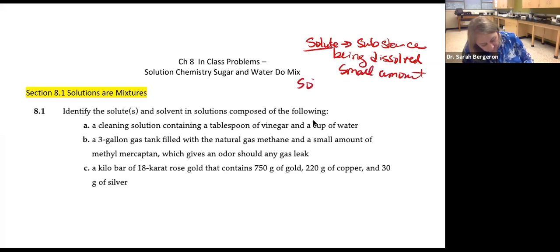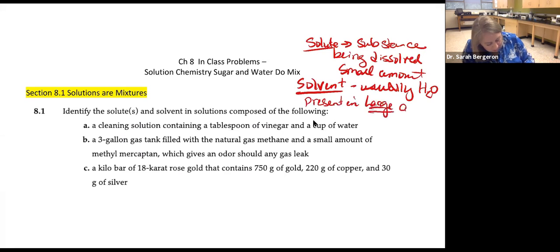Then your solvent, usually H2O, not always, but usually. So we remember that it's water, but present in large amount.